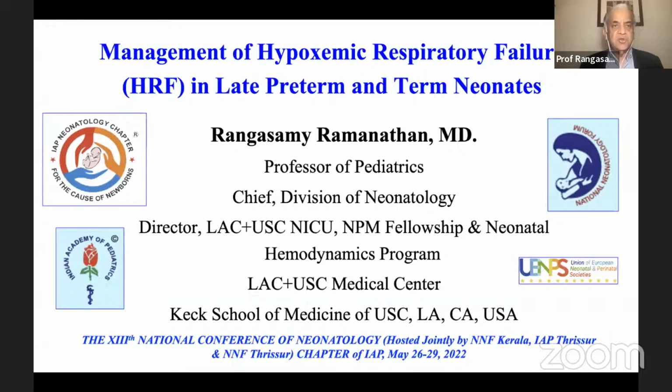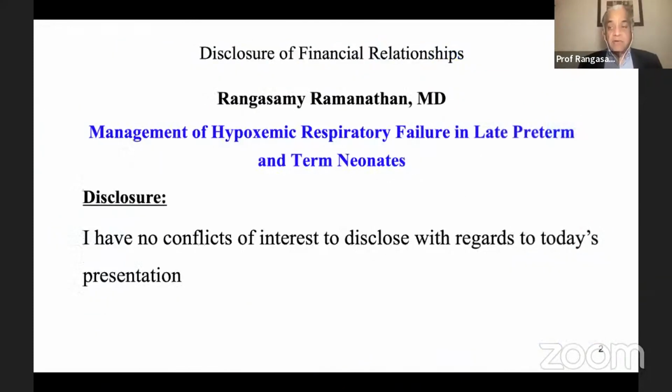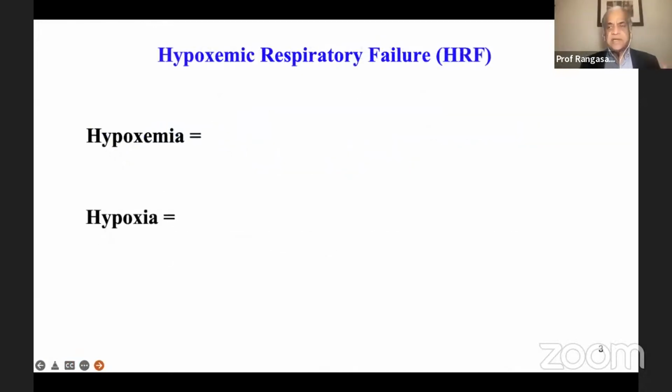So my task is to talk about hypoxemic respiratory failure management in late preterm and term neonates. I'm not going to focus on preterm babies. I have nothing to disclose with respect to today's presentation. First thing, let's make some simple things clear. What is hypoxemia versus hypoxia?